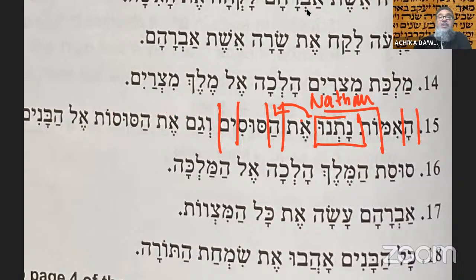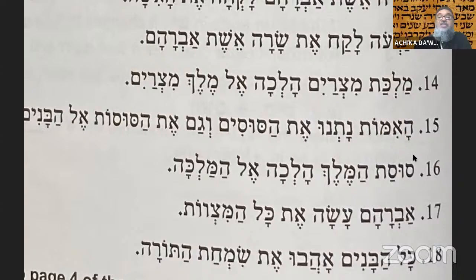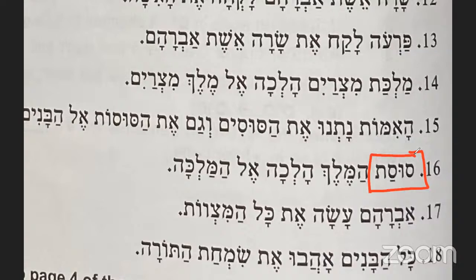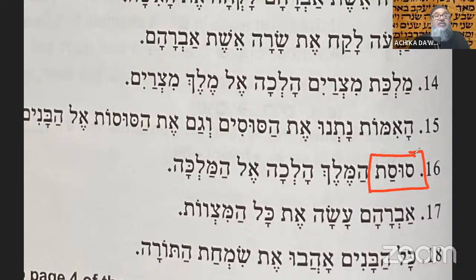Okay. Number 16. There was a change made. What was the change? That's a susath. Why is it susath? The tav at the end. Yeah, but why did they change the tav? Before it was called susath, what would you call it?